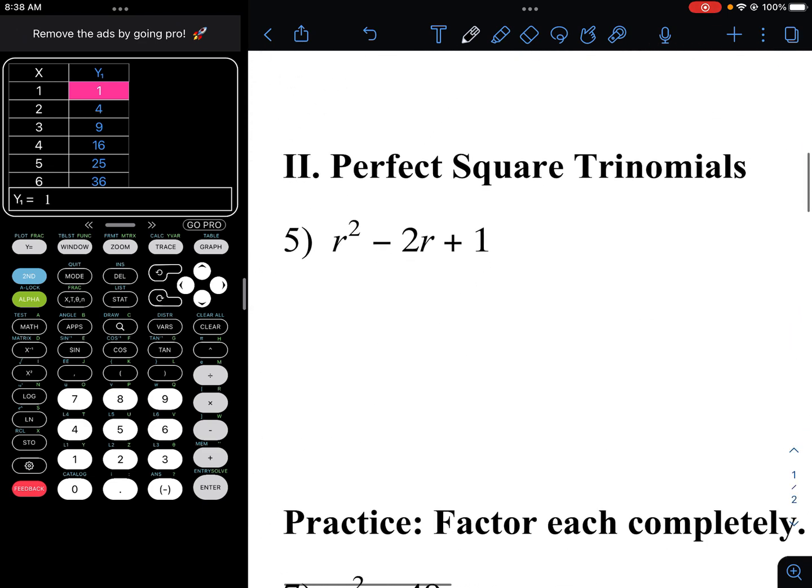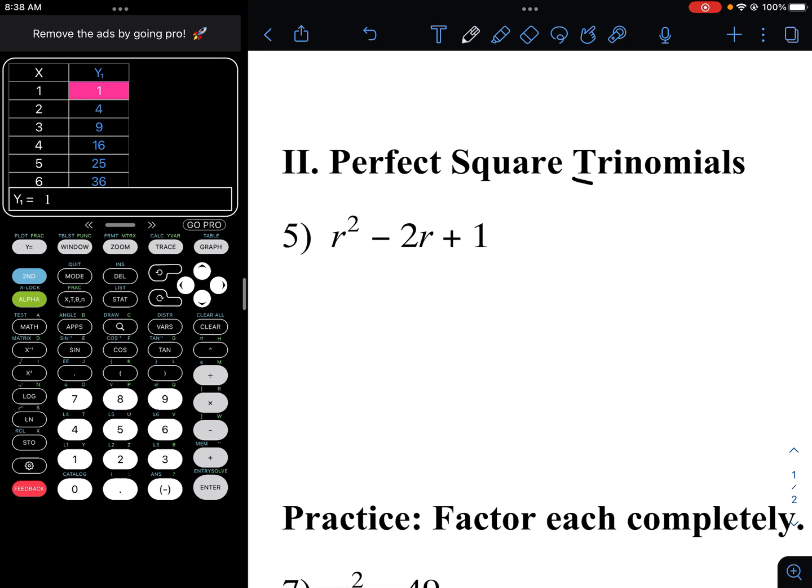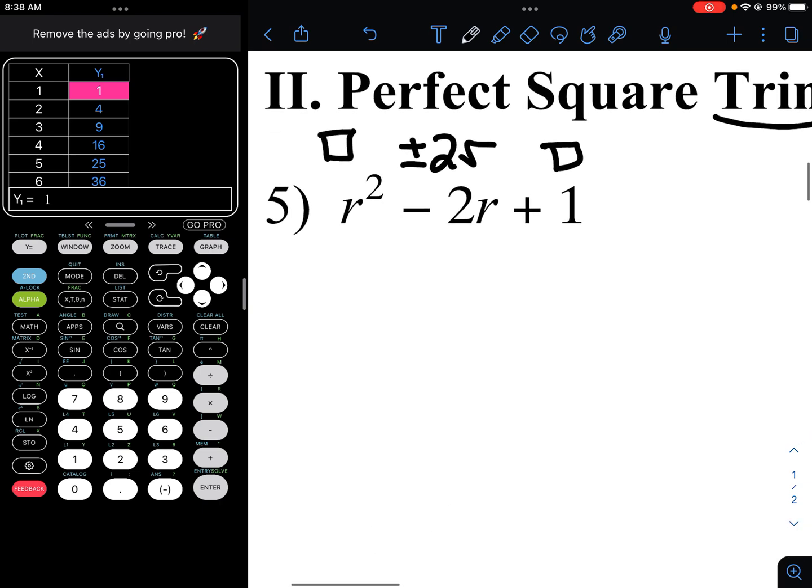Now, another example is perfect square trinomials. And these, you're again going to notice we have a perfect square, we have a perfect square. In between, it could either be plus or minus. And this is going to be 2 times the square root. Now, really, these ones you can just think about a little differently.